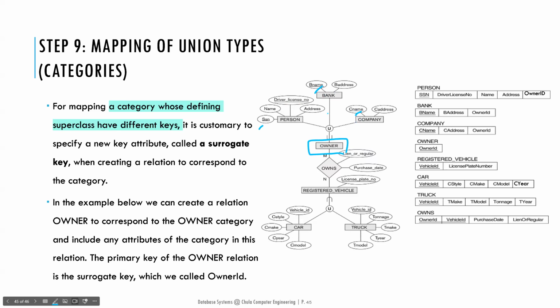Because you cannot take just any of these, you have to create a new one. That's the reason. So you create a key for this particular owner, which is the owner ID here. This is called a surrogate key. You have a surrogate key because you cannot take just this or this or this key because they don't look like each other at all, right? Because it's multiple classes.